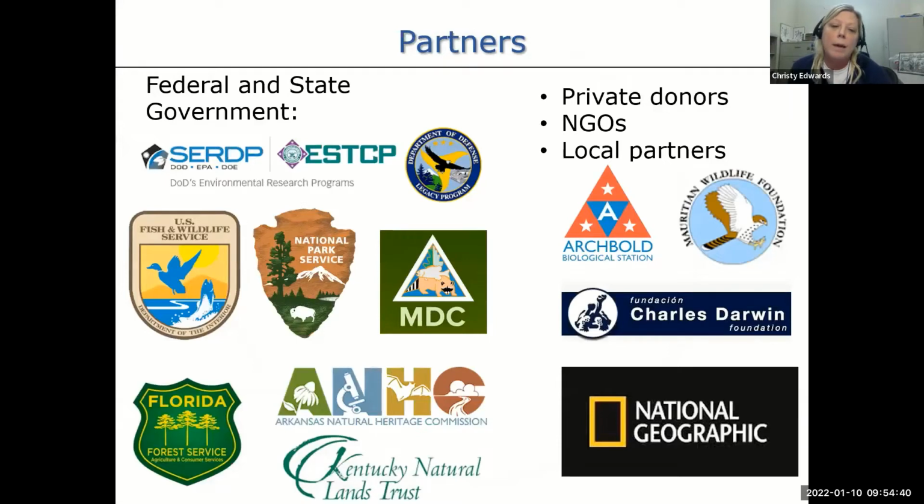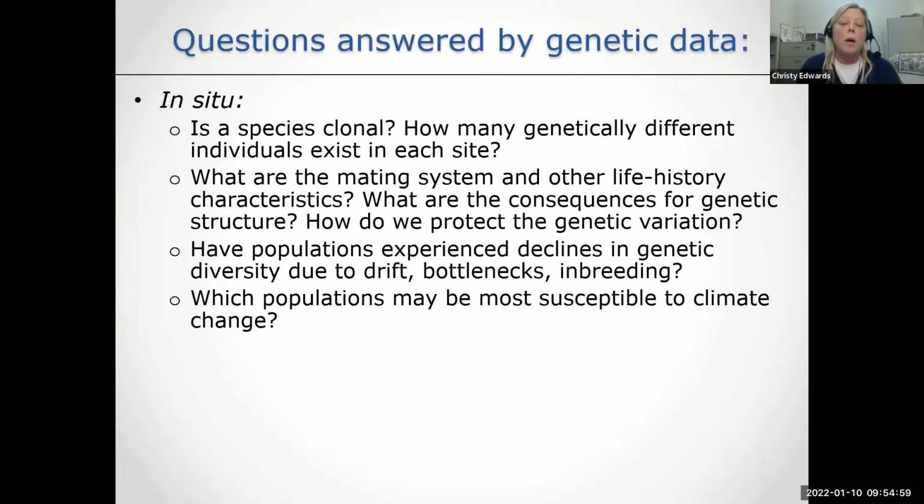Okay, so in my lab, the way that things generally work is that I work with partners, especially people in agencies such as yourselves that are responsible for conserving specific species. And a lot of times they will come to me with specific questions that they know can be answered with genetic data.